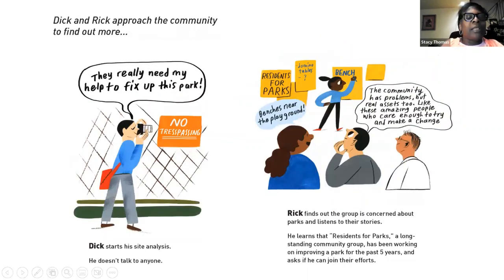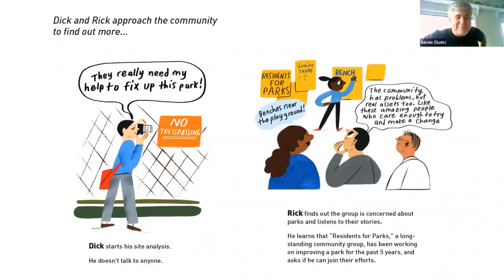Dick and Rick approach the community and find out more. They really need my help to fix up this park. And I am videotaping a sign that says no trespassing. Dick starts his site analysis. He doesn't talk to anyone.